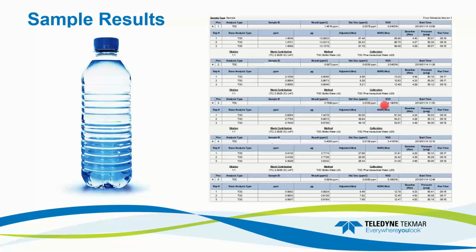It had an RSD of 4.1%. Bottle 4 had a 0.4 ppm carbon concentration, and it had an RSD of 3.4%. Sample 5 had 0.9 ppm, and it had 5% RSD.